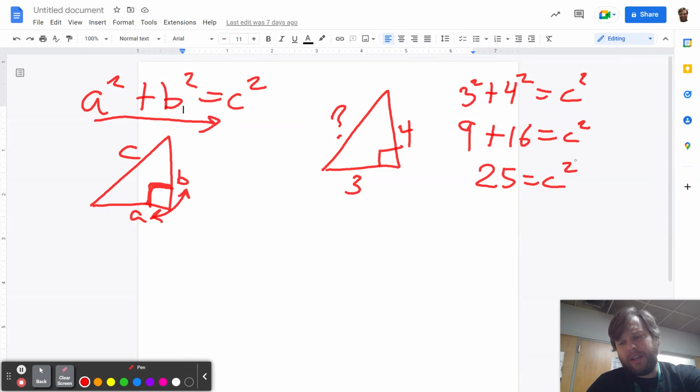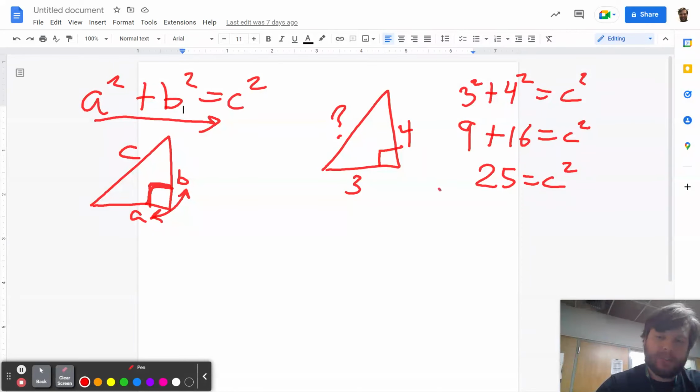And one thing I saw a lot of y'all doing in class was then squaring your answer. So doing 25 times 25. Well, then you get a huge answer. And it wouldn't make sense to have a triangle that is like 3 by 4 by 625. That's too much of a difference between the sides. The sides all need to be kind of in the same zone.